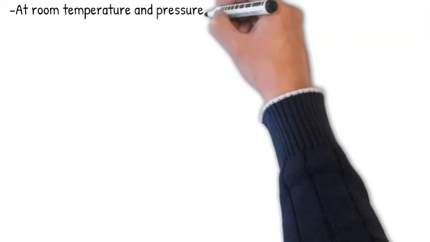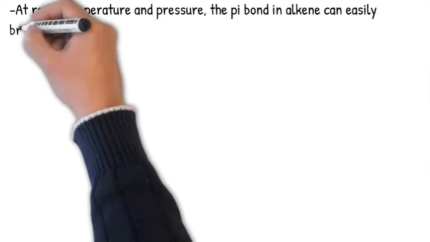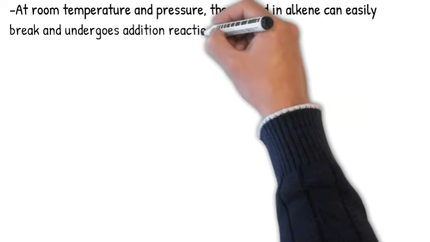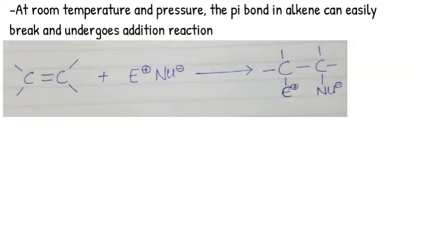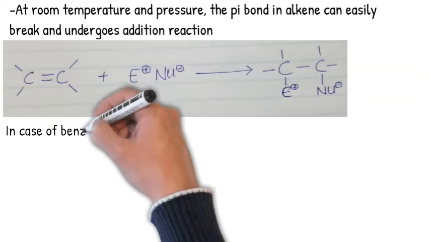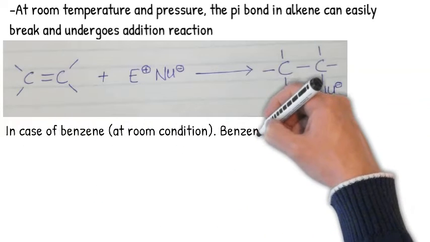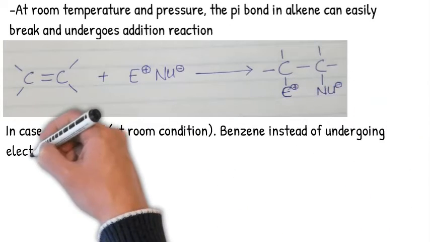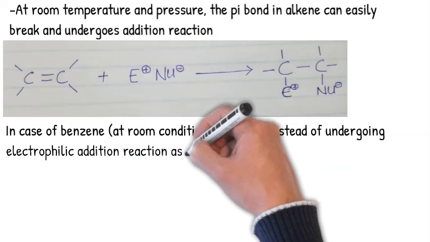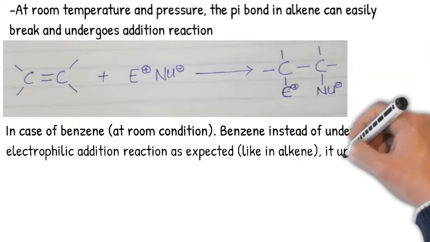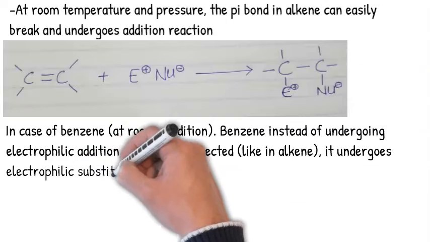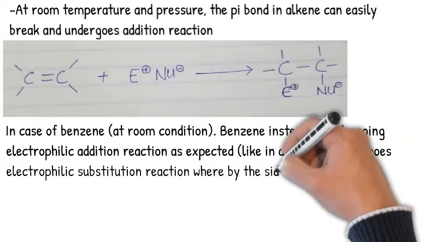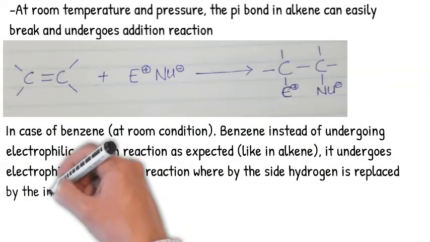At room temperature and pressure, the pi bond in alkene can easily break and undergo addition reaction. This reaction shows that alkene plus electrophile and nucleophile can undergo addition reaction. In case of benzene at room condition, instead of undergoing electrophilic addition reaction as expected like in alkene, it undergoes electrophilic substitution reaction whereby the side hydrogen is replaced by the incoming electrophile.